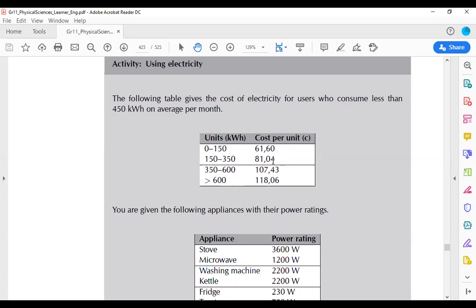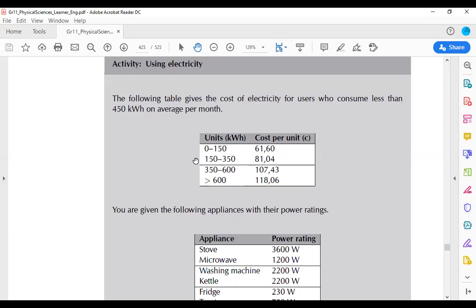But immediately you start using more than 150 kilowatts, you're going to start using it at 81 rand 4 cents per kilowatt. So now you are paying at a higher rate than you did before when you were using 0 to 150 kilowatts. This is how step tariffs work.